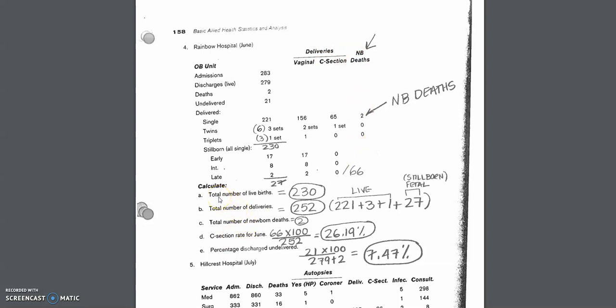So the total number of live births. So again, here we have live births, not all the births, but just live births. So we had 221 single, 3 sets of twins for 6, 1 set of triplets for 3. So when you add all of that together, it's 230. The total number of deliveries considers everyone delivered and stillborn.